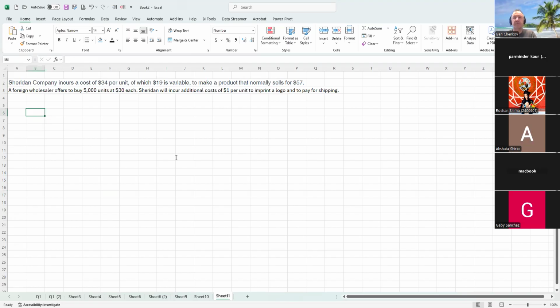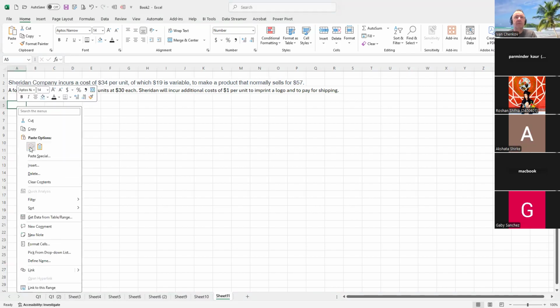So what are we going to do here? First take the selling price. So look at what they want.